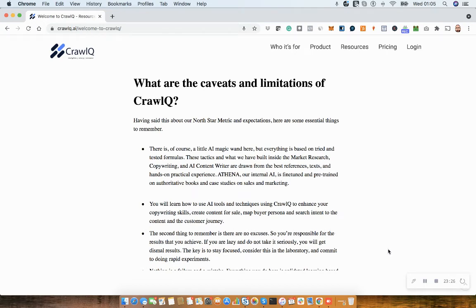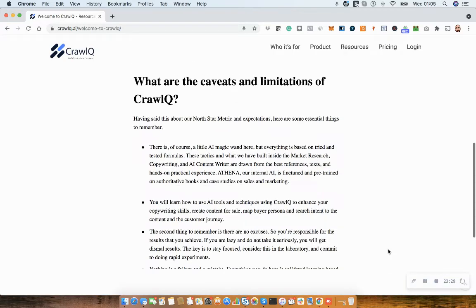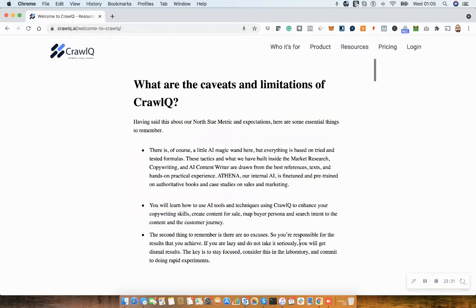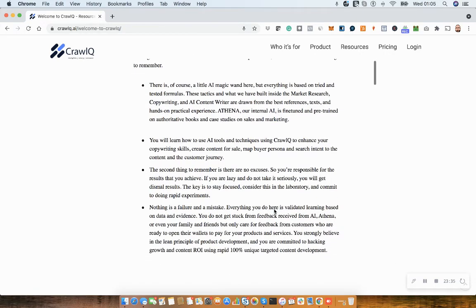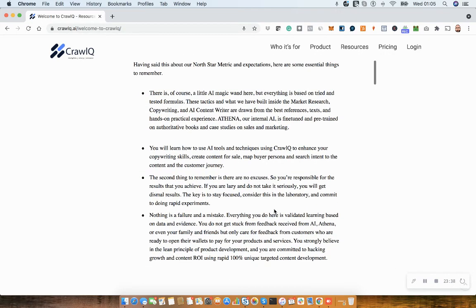So, having said all this about ROI calculation, there are still some caveats that we need to really understand. There is, of course, AI going on here, right? But it's not a magic wand. Everything here is based on tried and tested formulas and tactics, and what we have built inside market research, copywriting, and AI content, and inside the AI content writer.